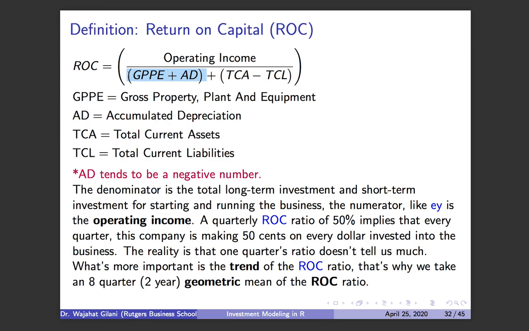What's with the AD part, the accumulated depreciation? For any guys that own real estate, or your parents that own real estate, you know that every year you're allowed to knock off a percentage of the value of that property you own, right? Because the nature of these physical properties is that there's wear and tear. They need maintenance. They're getting older.